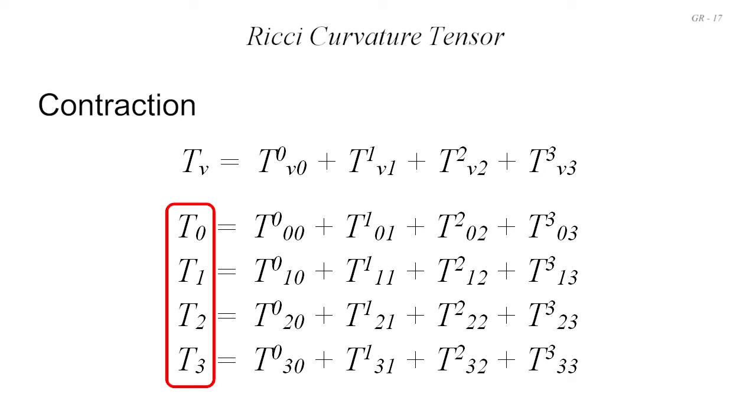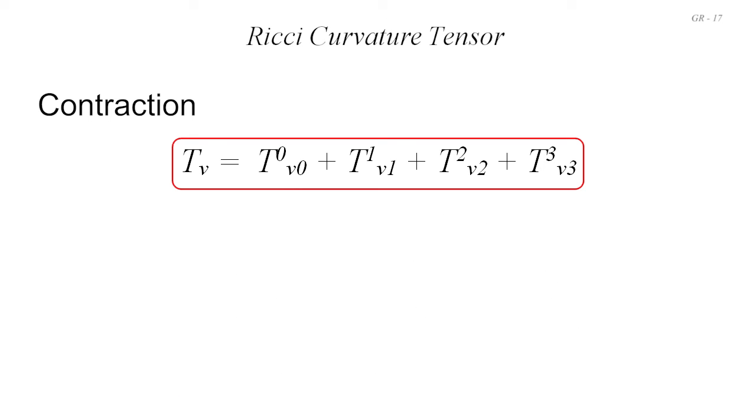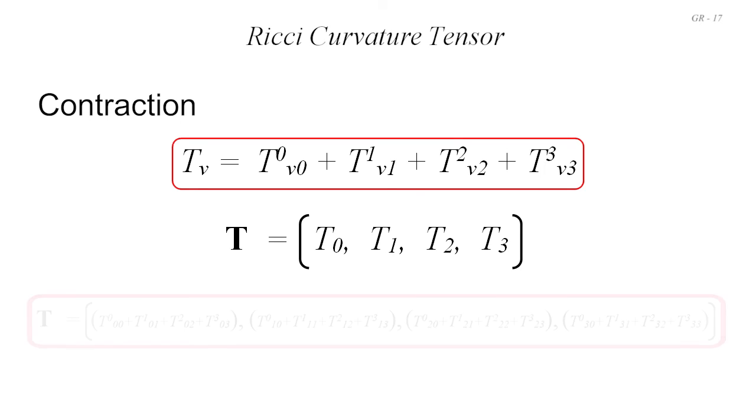It's not the same as the old tensor because it only has one index, nu in this case. It's a vector. This equation represents the 4 covariant lower components of the vector t. Each of these components of the vector contain 4 of the original rank 3 tensor components. So to flesh this out, we could write the new vector like this.